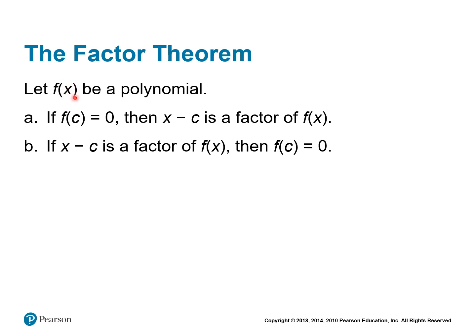Let f of x be a polynomial. If f of c equals 0, then x minus c is a factor of f of x. This is a follow up from the remainder theorem. F of c is always going to be the remainder after we perform polynomial division.